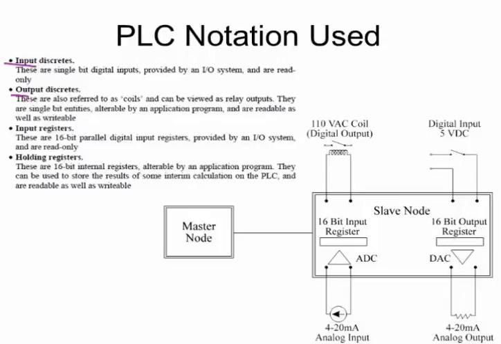Input registers. Again, input is all about reading your I/O. So it's taking a 16-bit input. It might be an A to D, it might be a BCD switch that's being pushed in. Anything that's coming in from an analog type or a 16-bit integer input on the PLC.